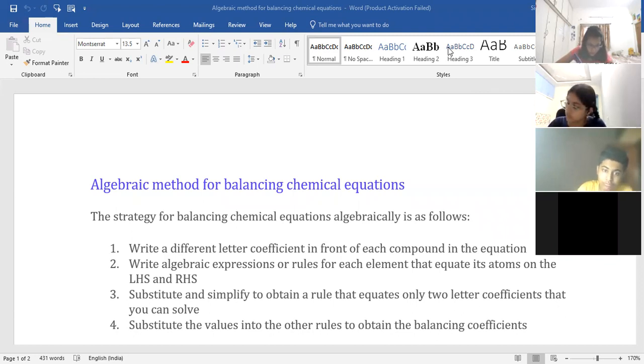But when you go for the problem, you will not feel them as steps only. Compared to the hit and trial method, this is the best one to solve the given equation.